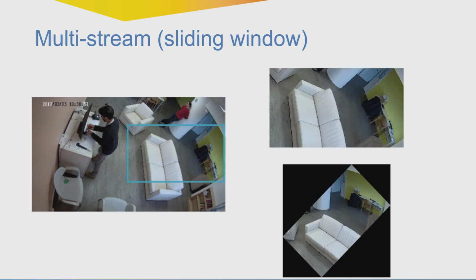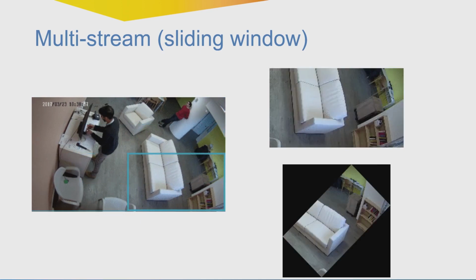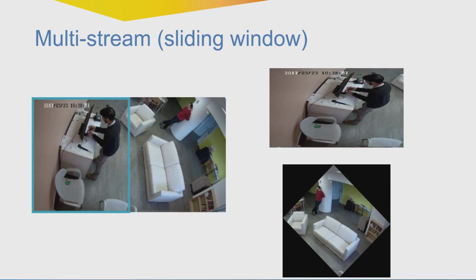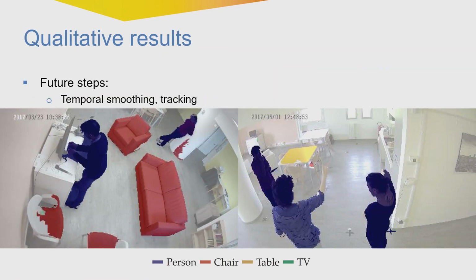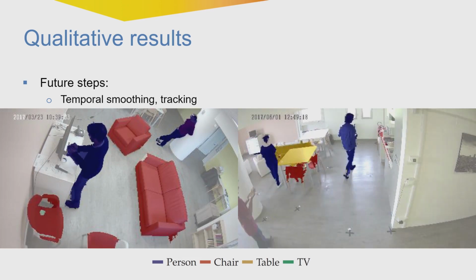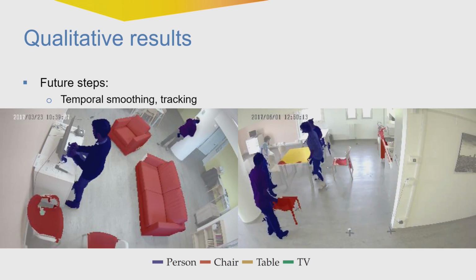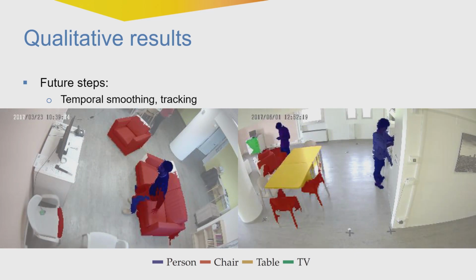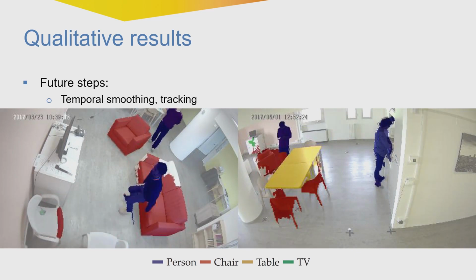Of course, this is not what we want to have at the end, as we want to better model where to look and how to stitch things together, but that already gives you some pretty nice results, as you can see for this example and also for the other video: in red, chair or sofa, in blue, the people, in yellow, the table.